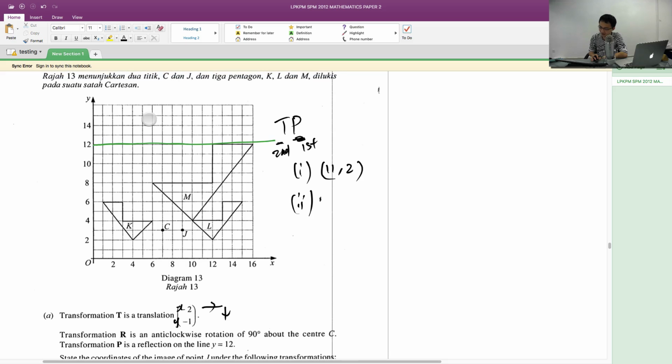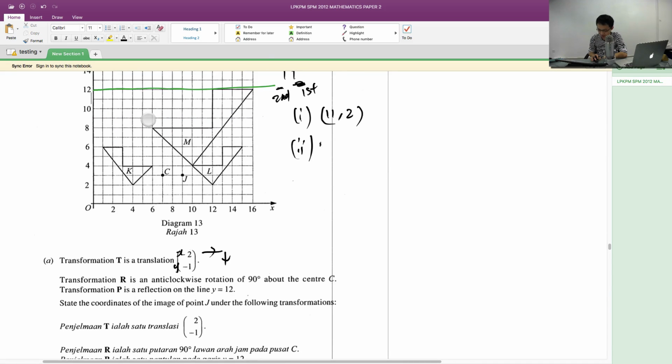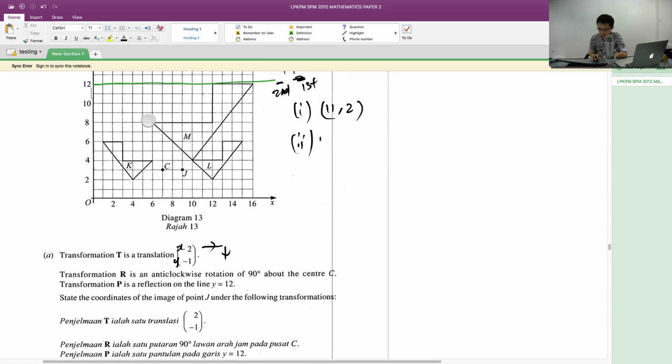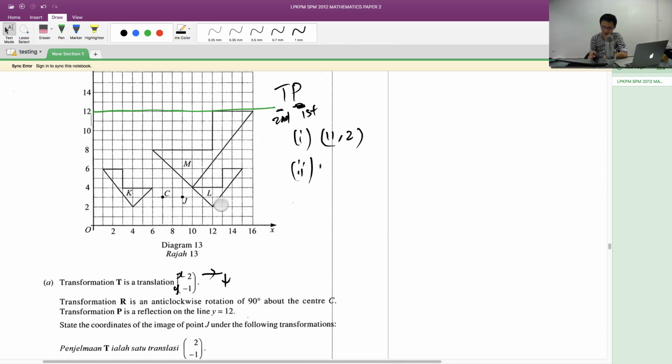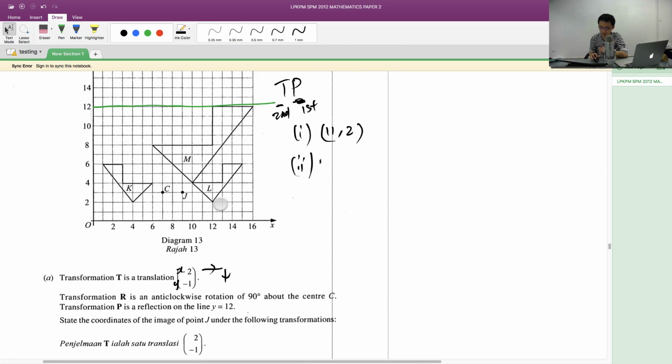In this one, I'm not sure why this question is so weird, because normally all your coordinates should be able to be plotted inside the diagram. Since you can't in this case, you have to imagine. This is 3. From 3 to 12 here is 9 units.